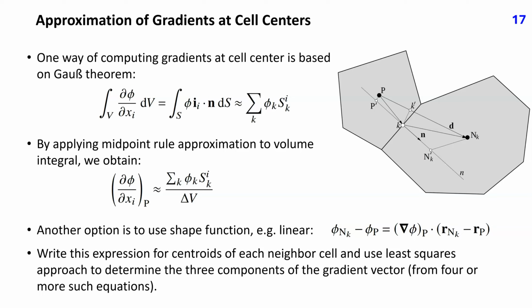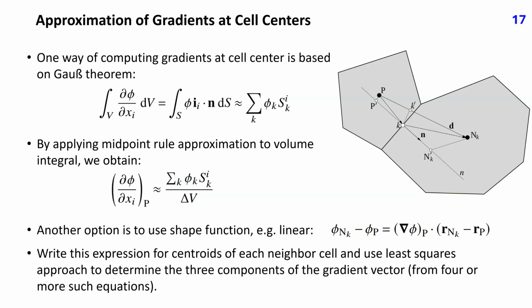Another option is to use shape functions, for example linear. The difference between variable values at the neighbor node and at the cell center is approximated as the product of the gradient vector at cell center times distance vector from cell center to the center of the neighbor cell. We can write such expressions for centroids of all neighbor cells.